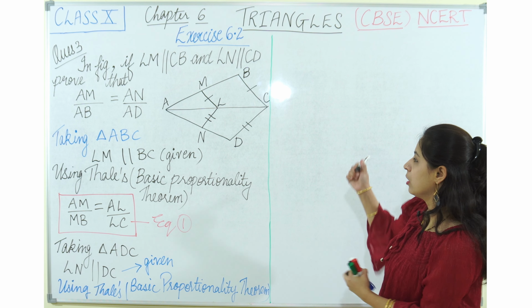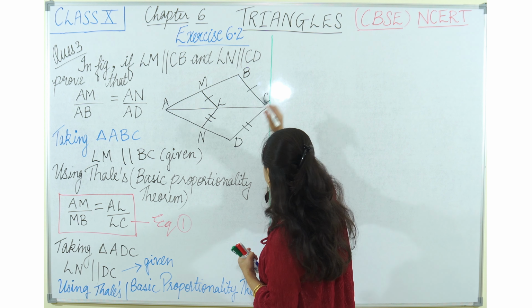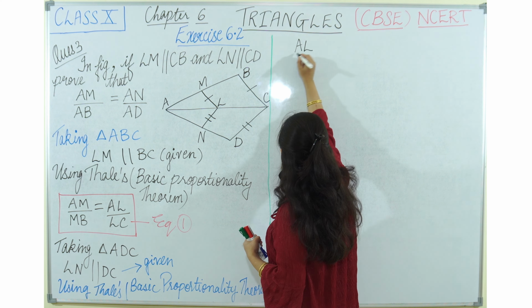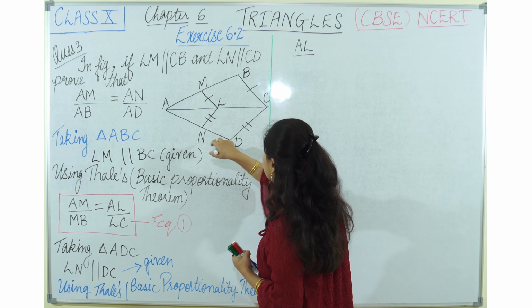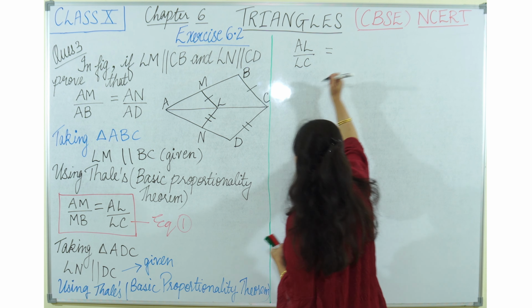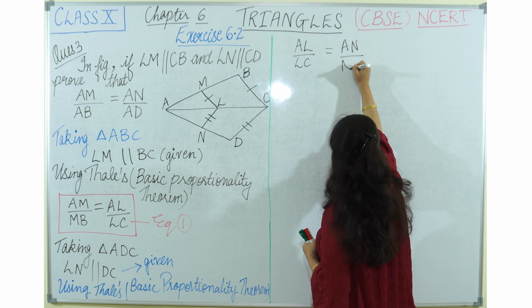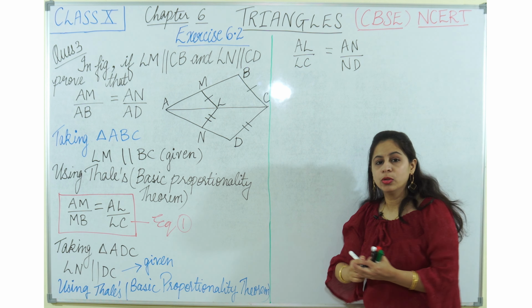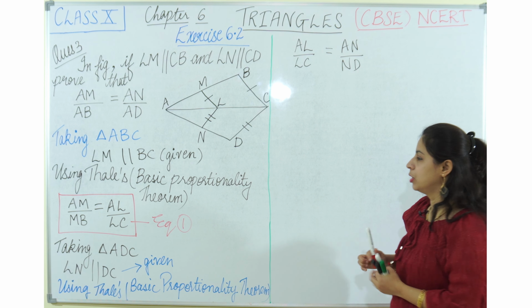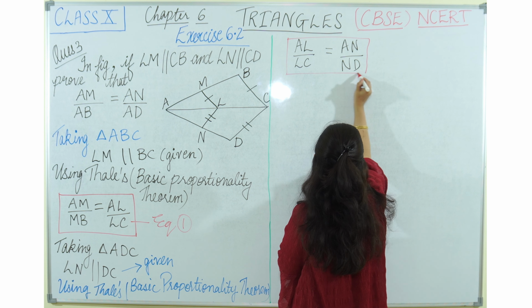So AL upon LC will be equal to AN upon ND. Let us mark this as our equation number 2.